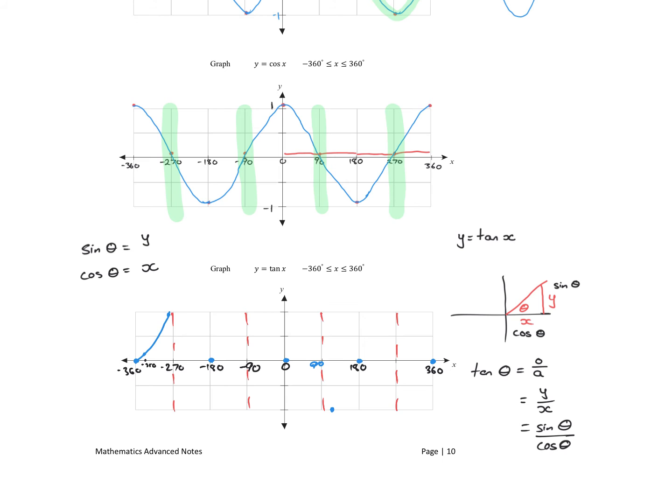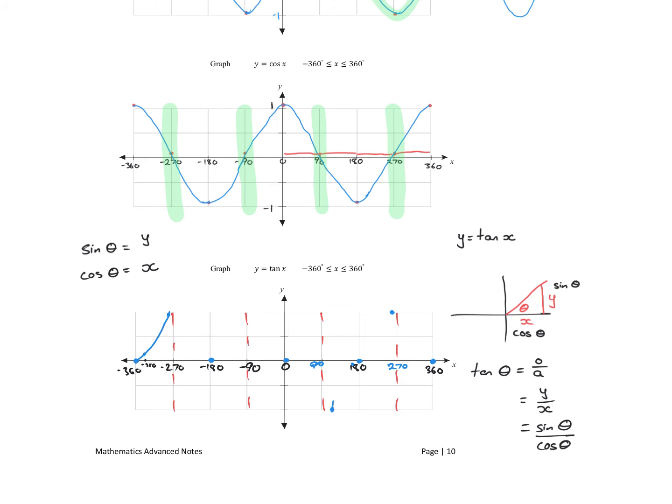What is tan 175? Negative 0.0-something. So it's just below the axis, kind of here. What about tan 265, just before my 270? 11, a big positive one.